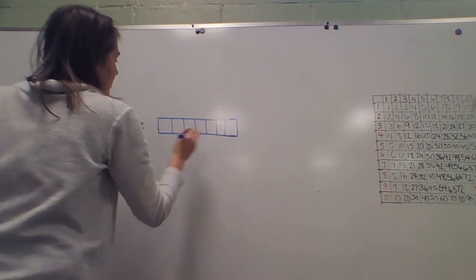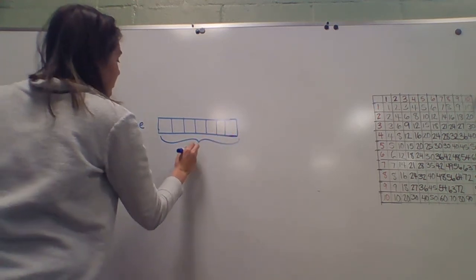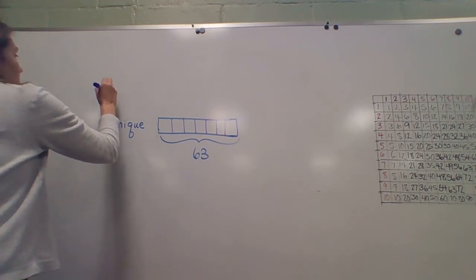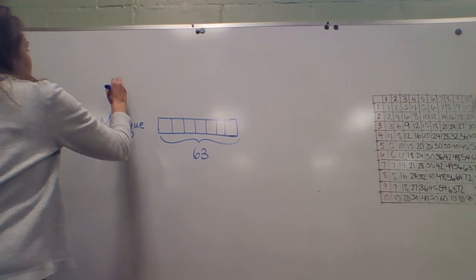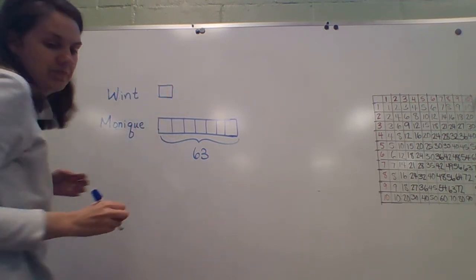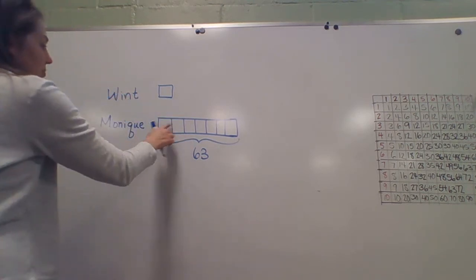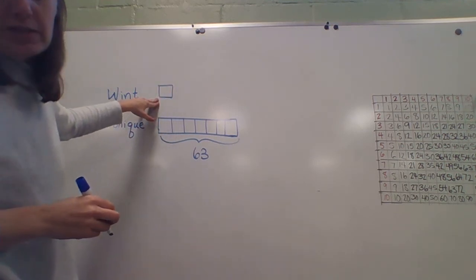We'll just expand it a little bit to make for a total of 63 pages, right? And we have, is it Wint? Yep, Wint, kind of a cool name, read a certain number of pages. Now Monique reads 7 times as many pages as Wint, so that's represented by our bar model here with the 7. So here we have Wint's number of pages.